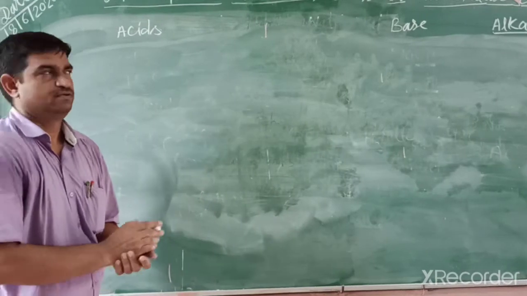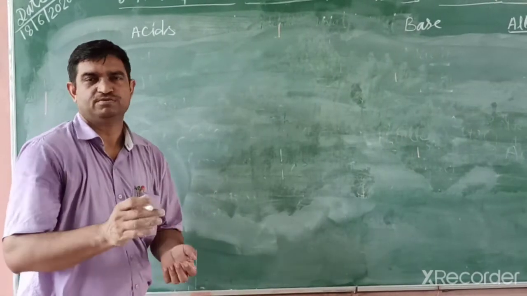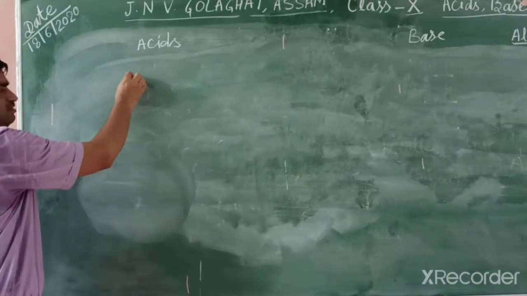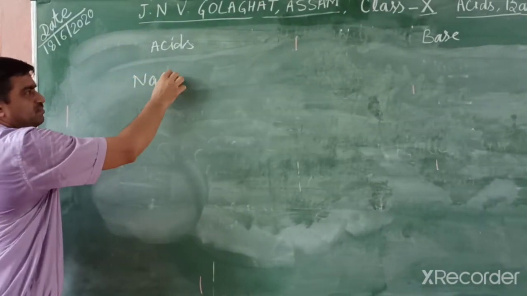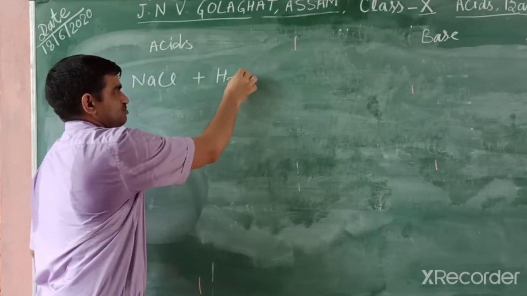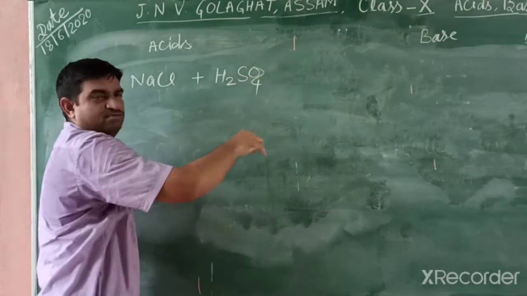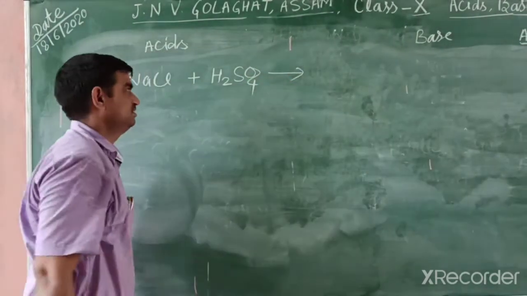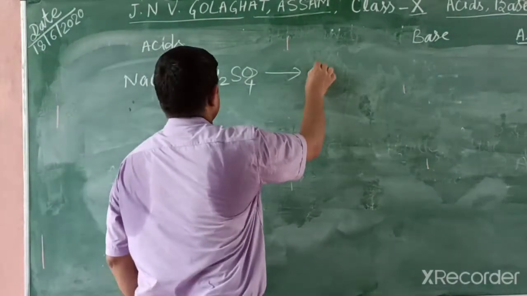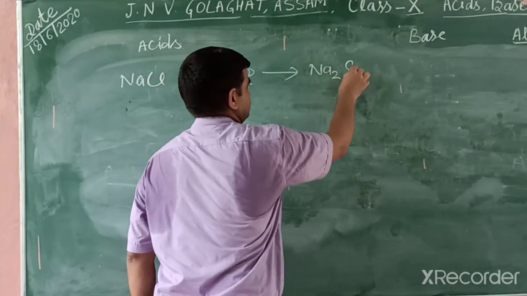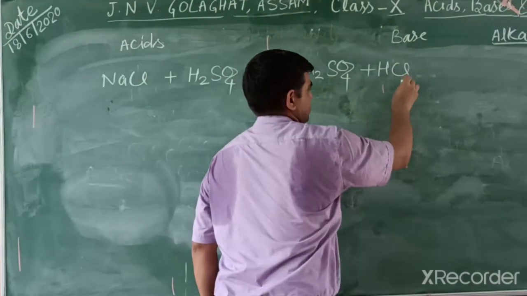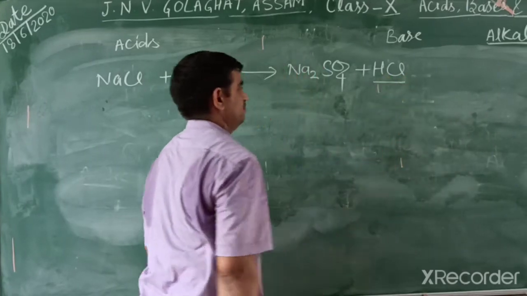What happens when we mix sulfuric acid with sodium chloride? We write the reaction: a salt, sodium chloride, and sulfuric acid, H2SO4. They react with each other and form sodium sulfate and HCl gas, hydrochloric acid.